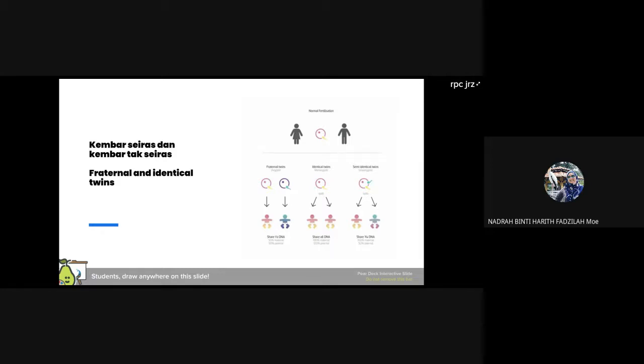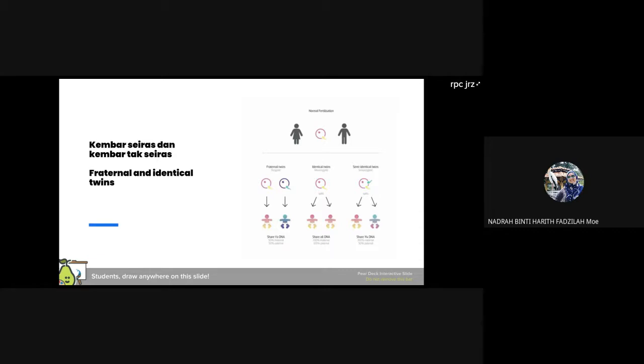So since they come from the fusion of the same sperm and the same ovum, maka the identical twins have 100% same genetic materials that causes the characteristics of identical twins, macam physical characteristic ke, genetic characteristic ke, memang samalah.